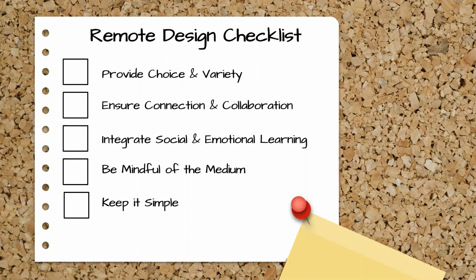Okay, so just kind of circling back around, we've got our remote design checklist. These are some of the big ideas that you want to keep in mind just overall. And that's to provide choice and variety, ensure connection and collaboration whenever possible, integrate social and emotional learning into what you're already doing, and be mindful of the medium that you're using.